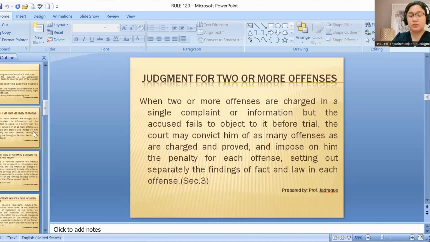Okay, all the court needs to do is to state the facts for each of the crimes charged and the law applicable on each, and give him the proper verdict.